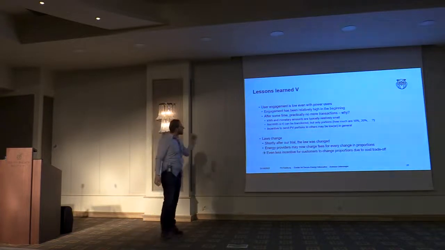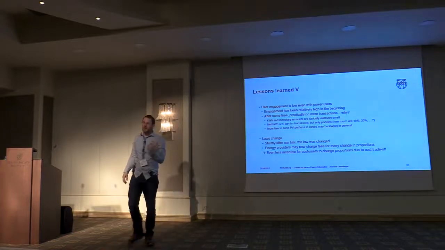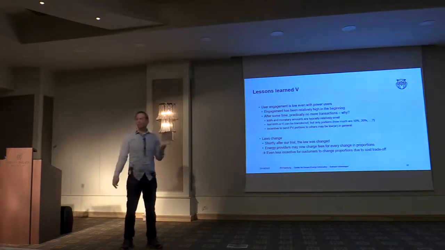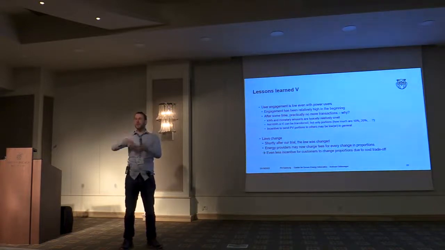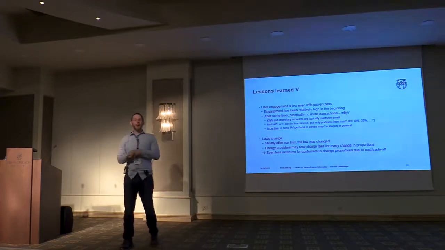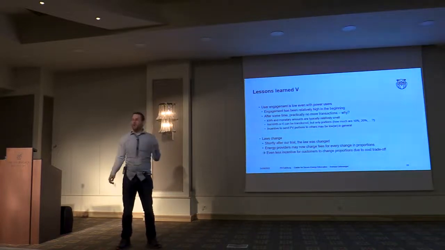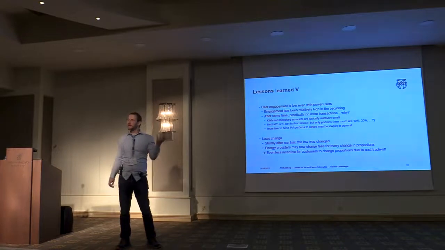And finally, it seemed that the incentive to send PV portions to somebody else, which is more altruistic than egoistic, is something that might not have enough of an incentive, again, to fire up the tablet and play around with that. This is something that's outside of my area of expertise, so I would be very interested also to hear from people who are more versed in psychology and the aspects of human behavior in this case.